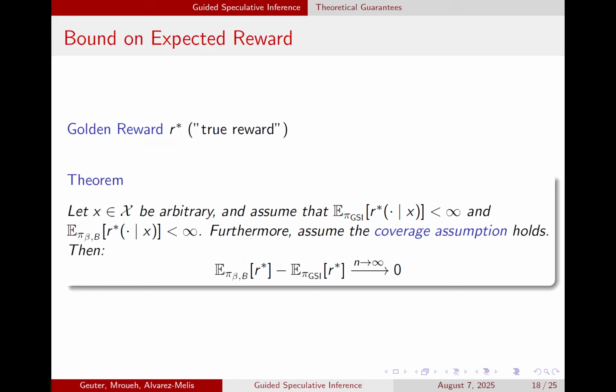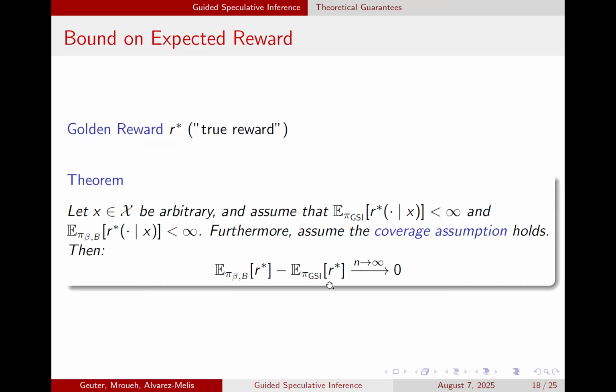It gives you approximate rewards, but this is maybe not the unknown ground truth reward. So even if you use the ground truth reward to compute the expected reward, then under this coverage assumption, we show that the expected golden reward under the tilted distribution minus the expected golden reward under our distribution.